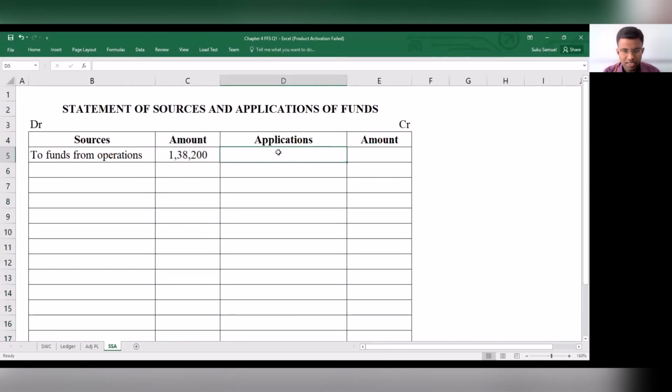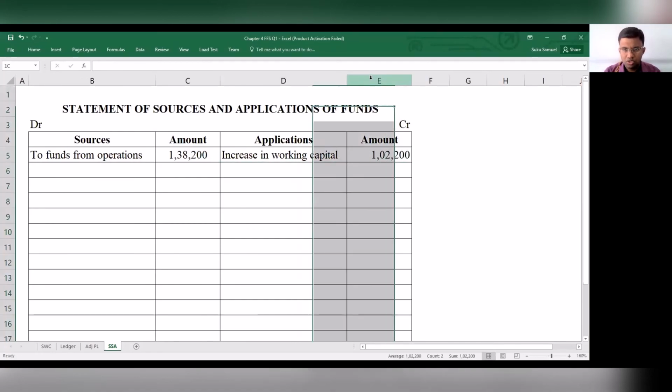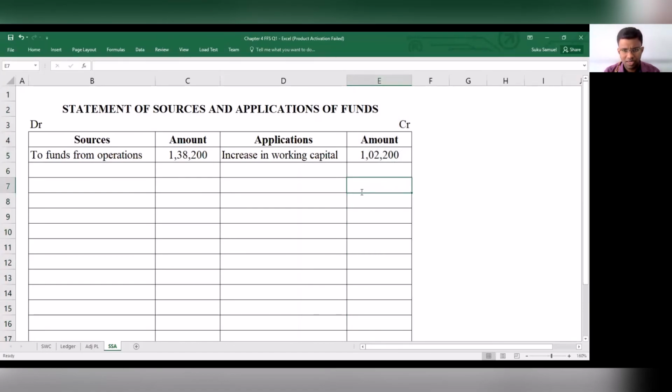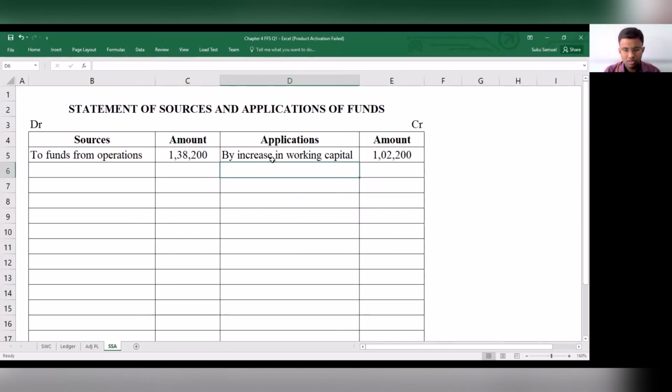Then we know there was an increase in working capital. This is an application, 1,02,200. Next, we will have to consider the other items.